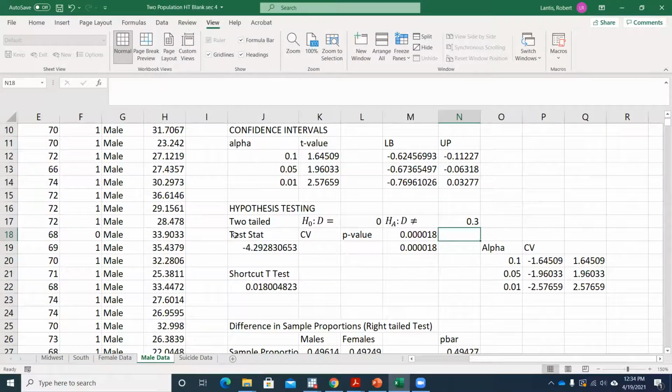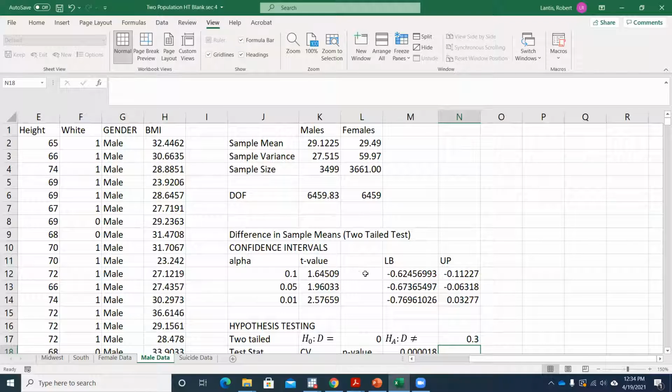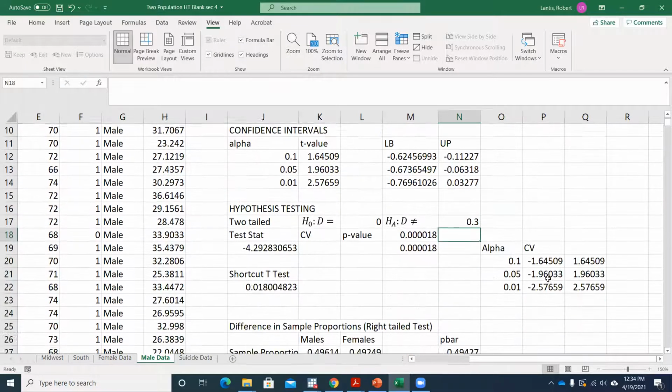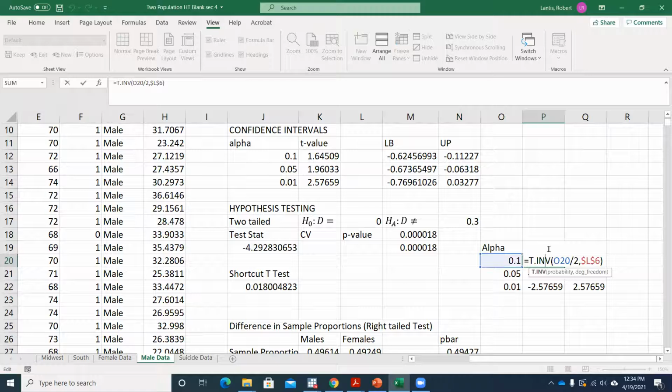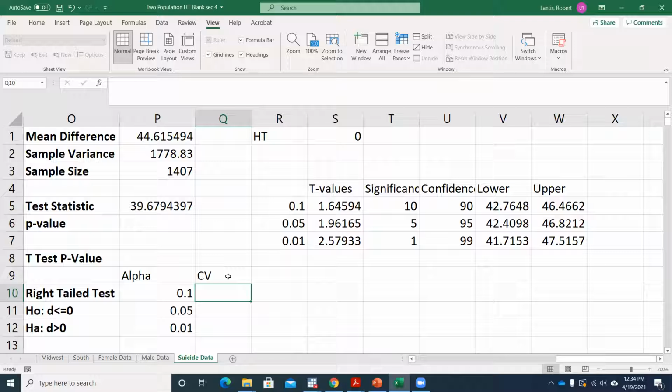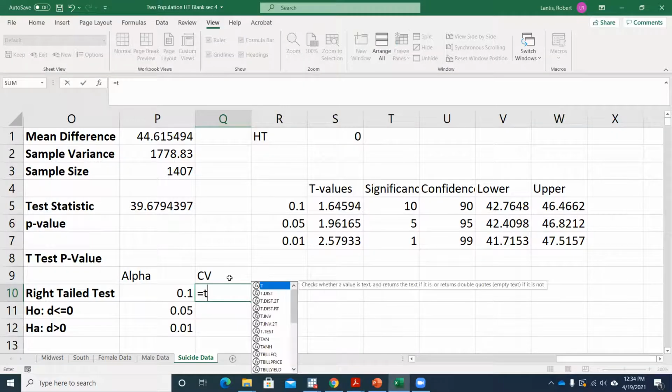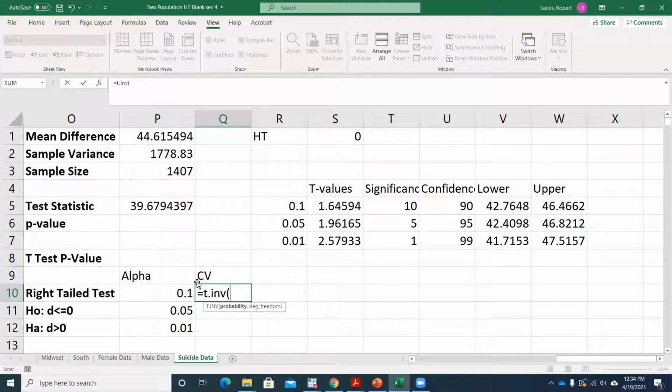Just like when we had the difference in 2 sample means where we only had sample variances, we know the area in the tail and want to find the t-value that gives that, so we use the T.INV function. So equals T.INV, the area we want on either side is alpha divided by 2, comma, our degrees of freedom, which is our sample size minus 1.